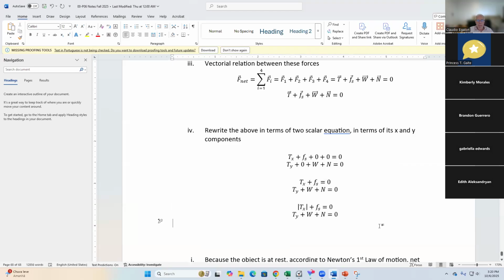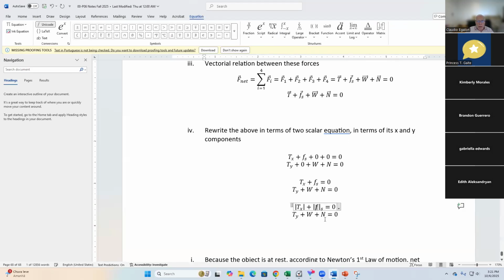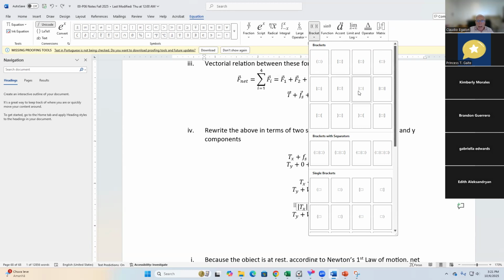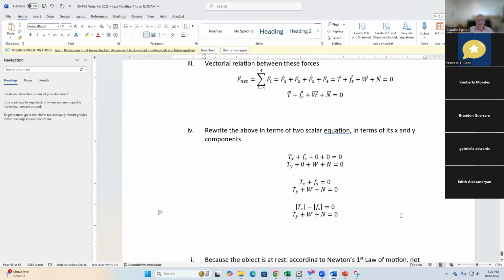If we do the same for the force of static friction, we have to put a negative sign here. Remember, the modulus means a positive value, the magnitude, right? We have to put a negative sign here because it's along the negative x direction.